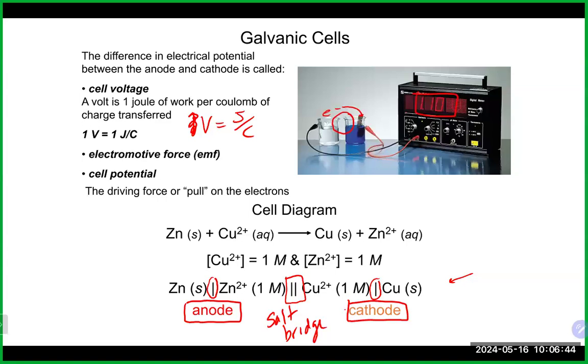Other things that can sometimes be found in a cell diagram: sometimes there is not a physical electrode, that metal piece you could stick into the anode or cathode side of your galvanic cell. So, for example, with hydrogen, they'll use something like platinum as the solid electrode representative.